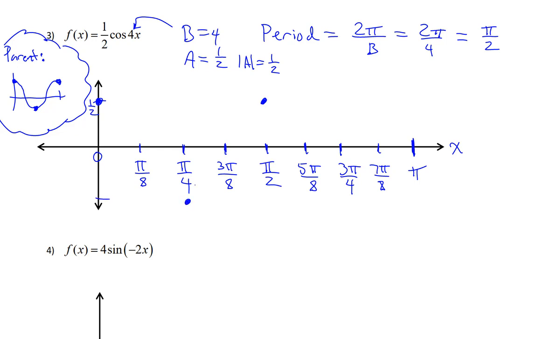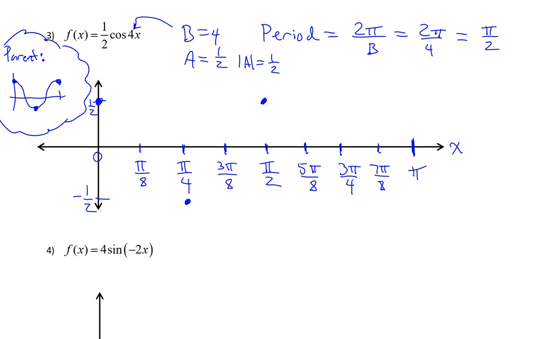What are they? Well, again, one full period is 0 to pi over 2, so that means I'm back up to the top of my graph there, which happens to be a vertical level of 1/2, given our amplitude. Halfway between the 0 and pi over 2, halfway between our period, we have the lowest point, which will be pi over 4, and then this will be negative 1/2, since we're multiplying the amplitude values by 1/2 from the original parent function.